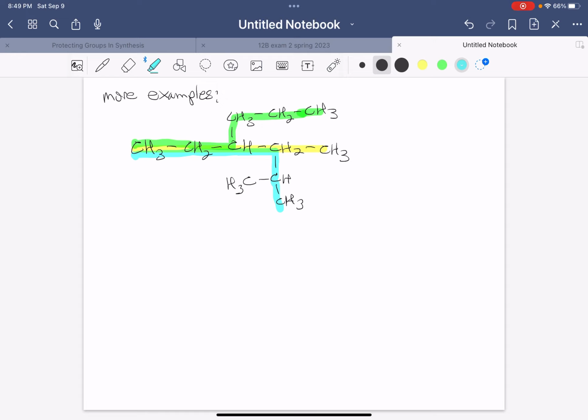Okay, so it's not going to be the yellow one because that only had 5 carbons. It's either going to be the blue or the green. And if it's the green, I've got just one substituent. If it's the blue, I've got 1, 2, 3 substituents. So it's going to be the blue one.